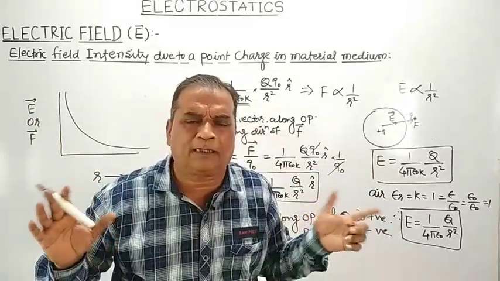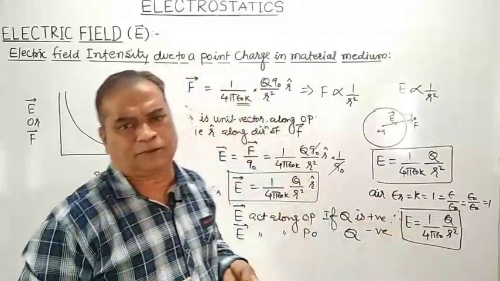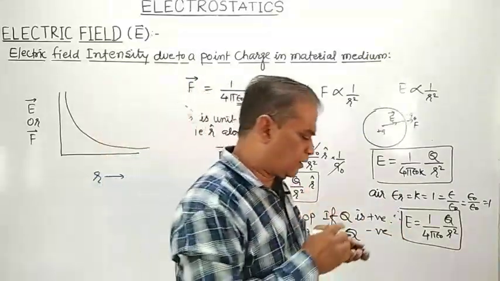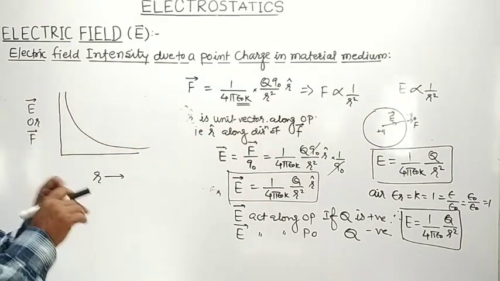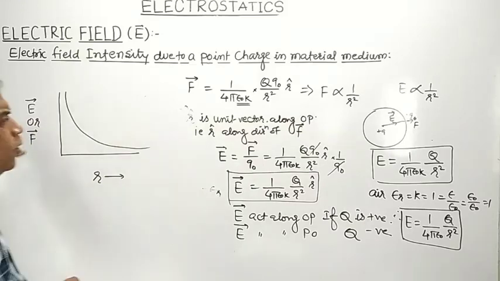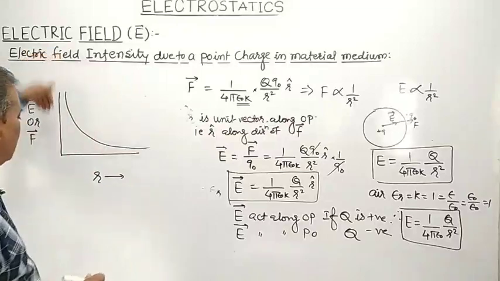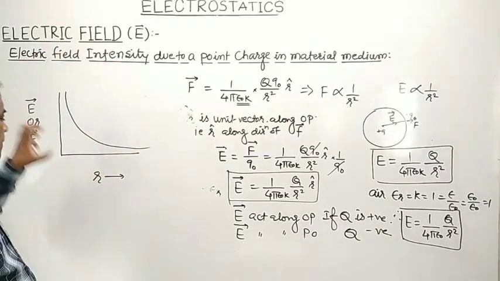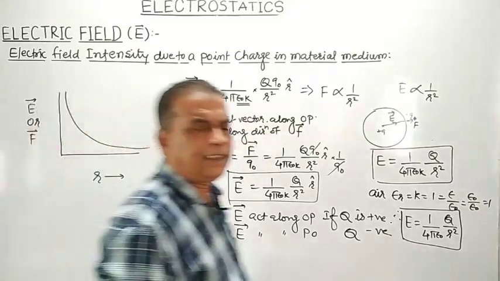The same is the case with gravitational force between two particles of the media. So, for electric field intensity or Coulomb force between two charges, as both obey the inverse square law, their graph of E or F against r is exponentially decaying in nature.